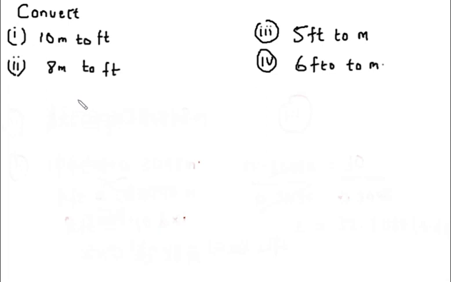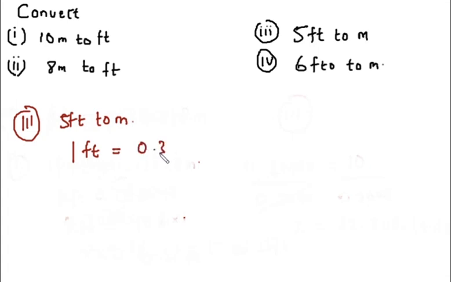Let's take another example. Now for the conversion from feet to meters, we have, say, 5 feet to meters. We are still going to use our constant conversion term: 1 foot is equal to 0.3048 meters. Since we know the value in feet, 5 feet, we are looking for the equivalent value in meters, x meters.